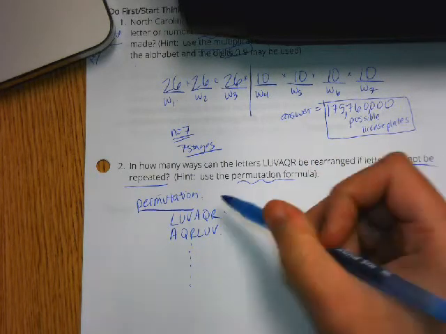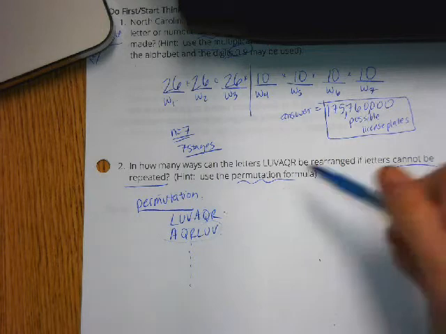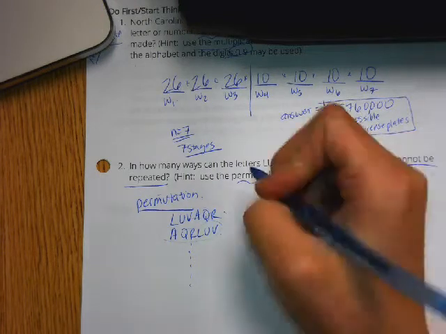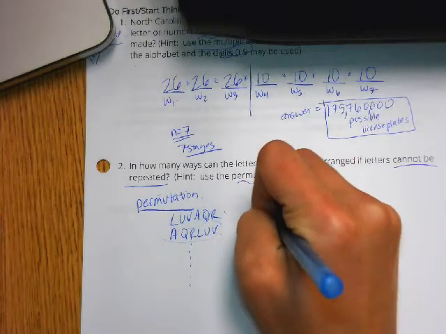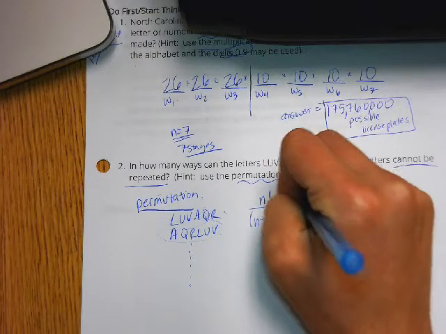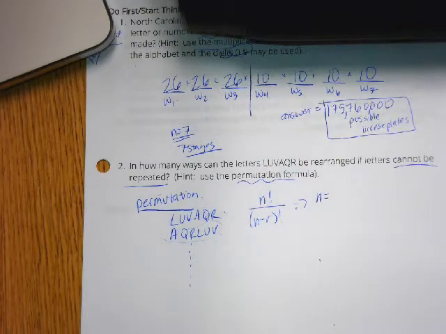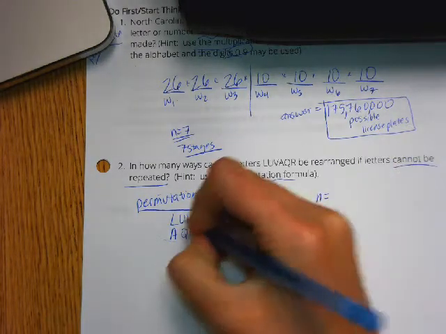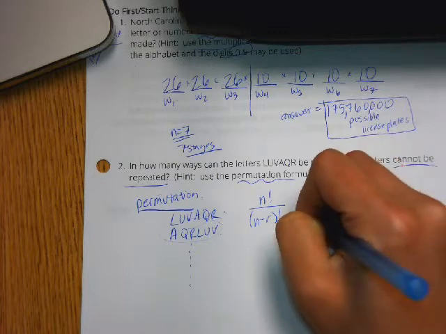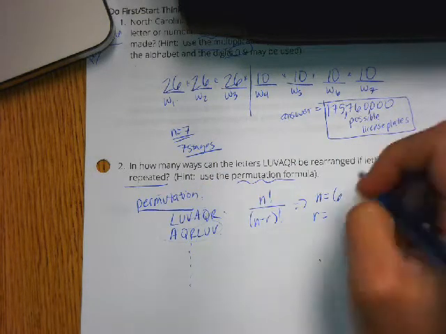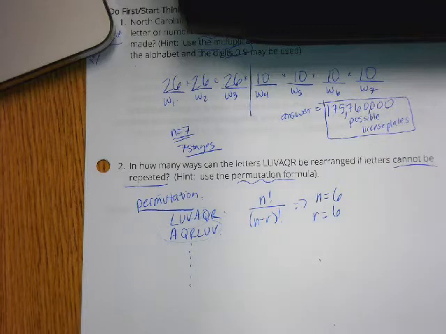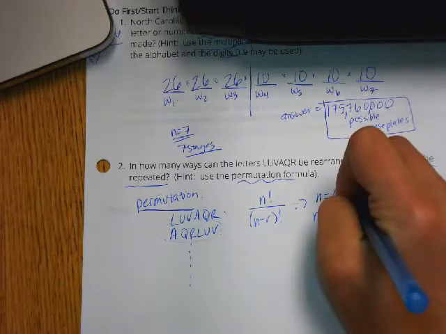So I have the potential to rearrange all 6 letters at the same time. The permutation formula is n factorial divided by n minus r factorial. My n, or total objects that I'm rearranging, is 6. I have 6 letters. My r, I'm choosing to rearrange all of them, and that's okay.